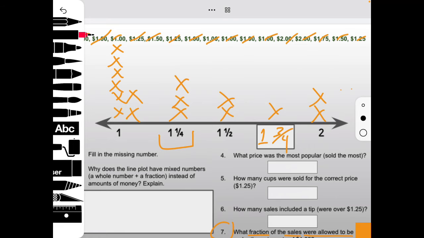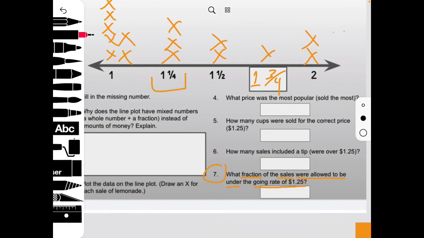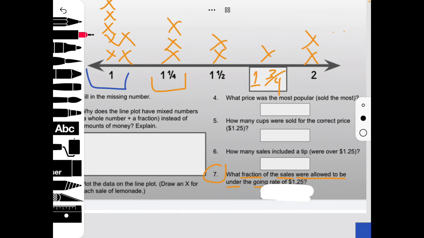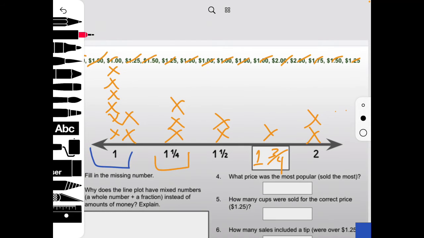All right. That means that the denominator in this fraction down here is going to be all of the sales. Numerator will be only this. Okay? So the denominator is all of the sales, and the numerator will be $1. So how many $1 are there?